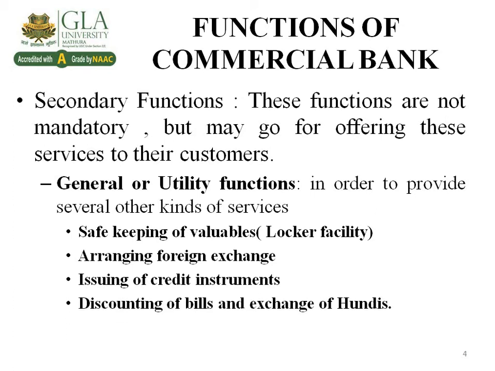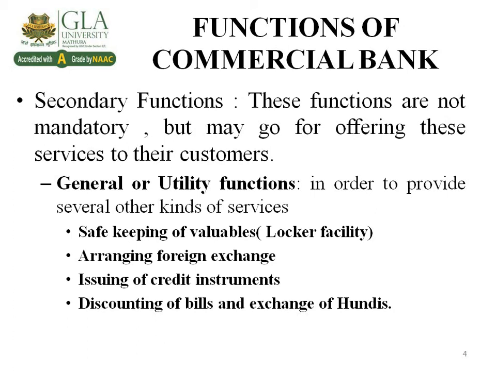Another is the discounting of bills and exchange of hundis. Hundis are a traditional form of promissory notes, or bills, negotiable instruments. Banks generally discount bills and hundis on behalf of their customers before their date of maturity.